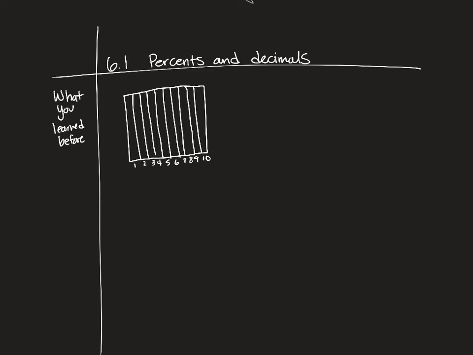And let's say that 40% is shaded in. 1, 2, 3, 4. So 40% is shaded in. 40% out of 100, right? 40 out of 100. We could also say that that's 4 out of 10 rectangles that are shaded in.